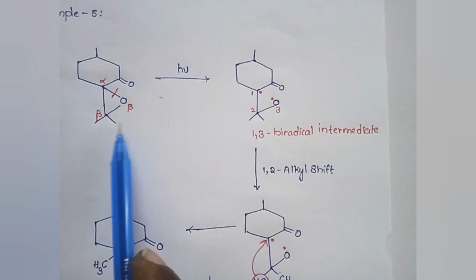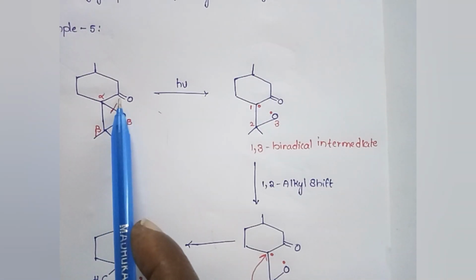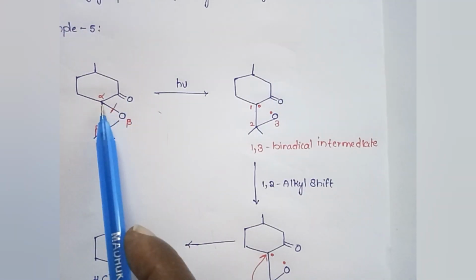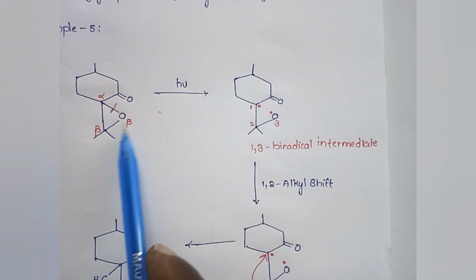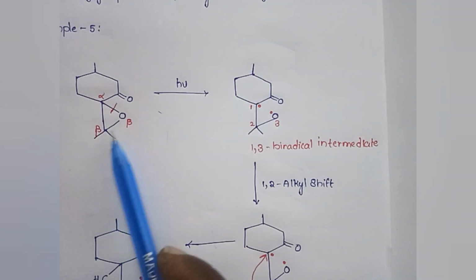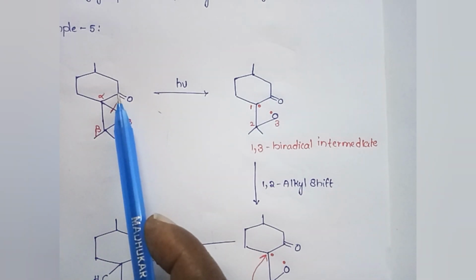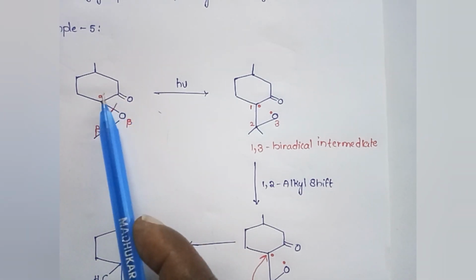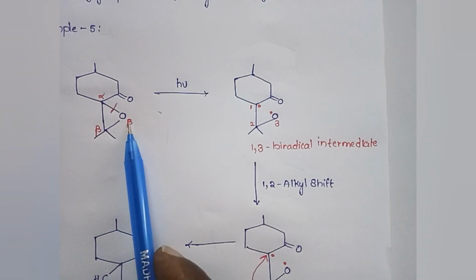Now let us see this example. This is another carbonyl compound. This is the carbonyl group with a cyclopropane ring containing oxygen, that is an epoxide. There is a methyl group here and a methyl group here. Since this is the carbonyl group, this is the alpha carbon, this is the beta carbon and this is also beta.